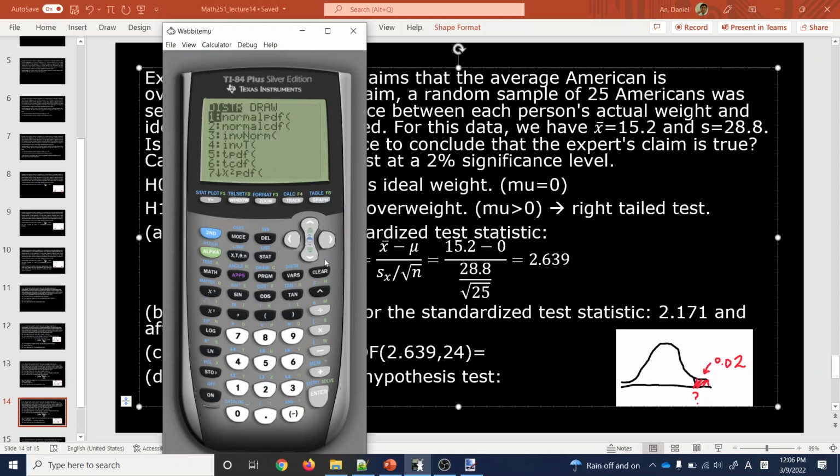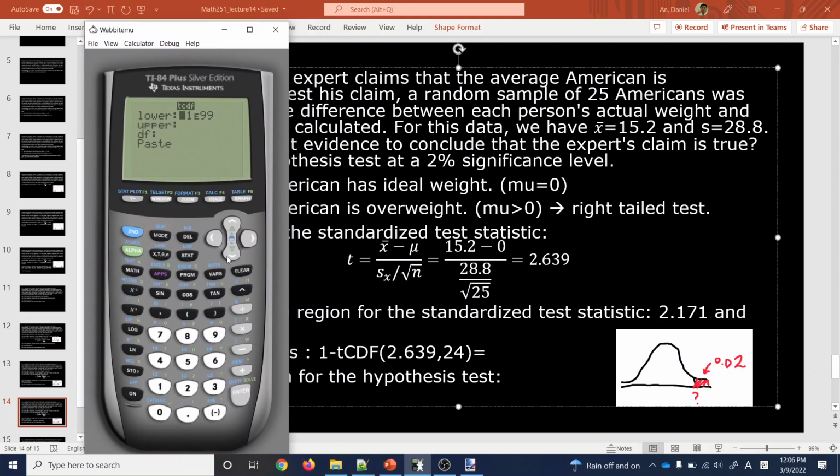Second vars, TCDF, there it is. And don't touch the lower. You're just going to put the upper there, which is 2.639. Degrees of freedom is 24. Enter, and you get 0.9928.